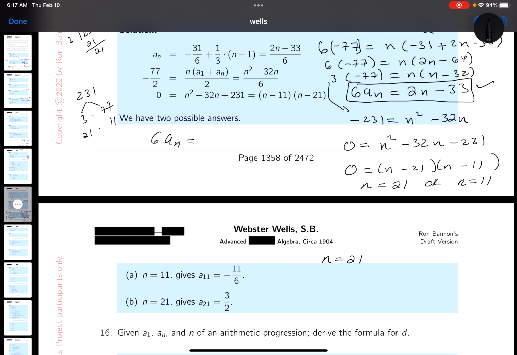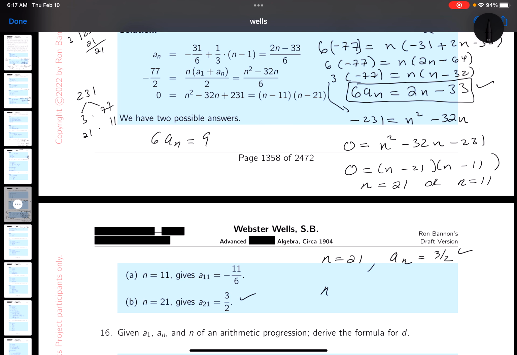Again, if N is 21 now, I want to figure out what AN is. Then we'll look at the key. 2 times 21 is 42. That's going to be 9. And then I divide both sides by 6. I would get 3 over 6, which is 3/2. I clearly see this over here.